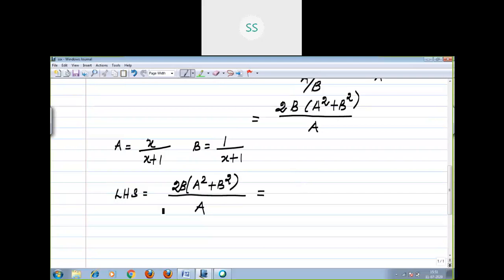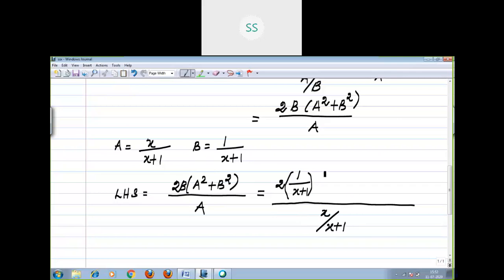Now I am going to substitute the value. That's it. I will not do anything extra. 2 into, see, 2 into, what is your b? 1 divided by x plus 1. So 2, the whole thing divided by 1, x divided by x plus 1, right?